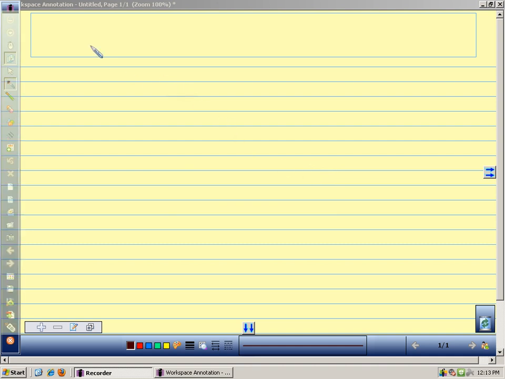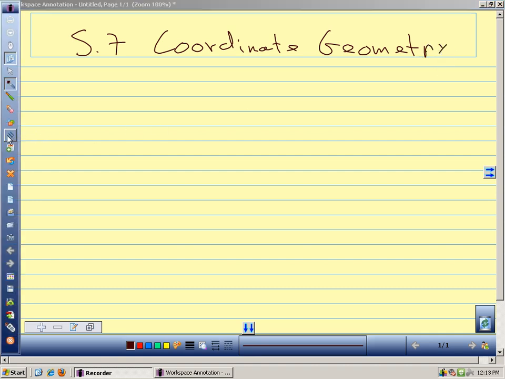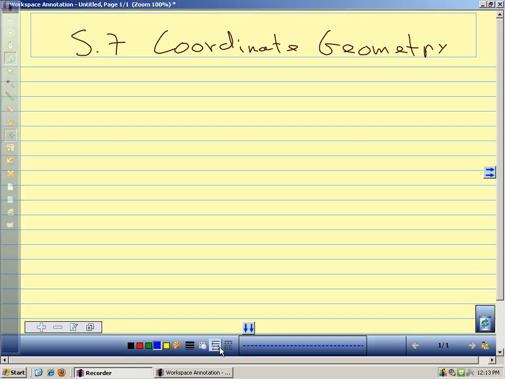All right, so we're in chapter 5.7, and we're talking about coordinate geometry. And what we mean by coordinate geometry is we're using, instead of numbers for our points, for our x and our y, we're using variables a lot of times.